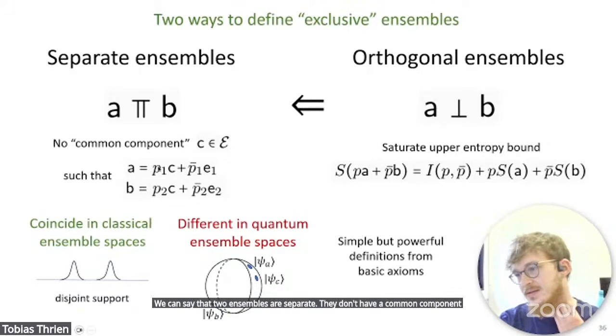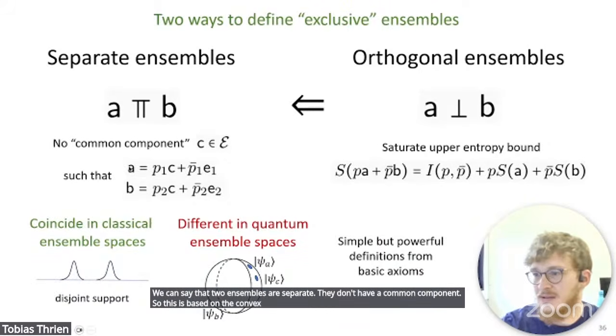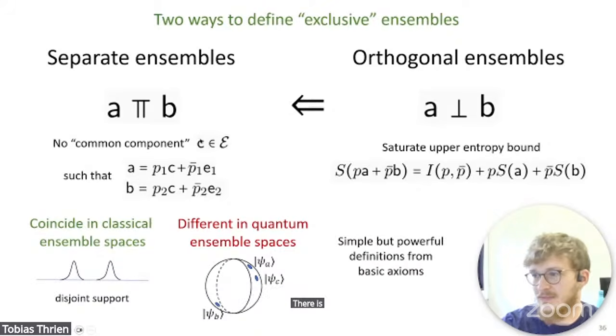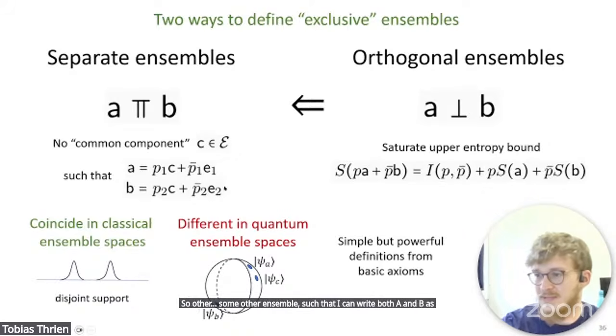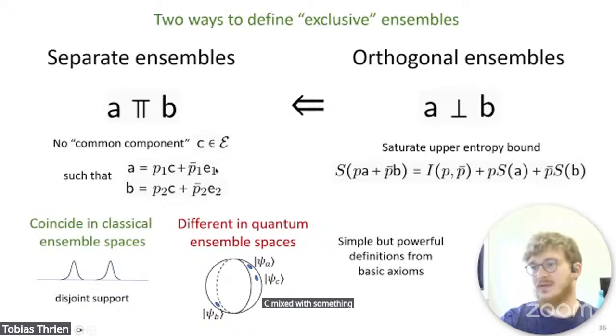So this is based on the convex combination. Basically they are separate if there is no C, some other ensemble, such that I can write both A and B as C mixed with something else. So basically there's nothing in common between them.